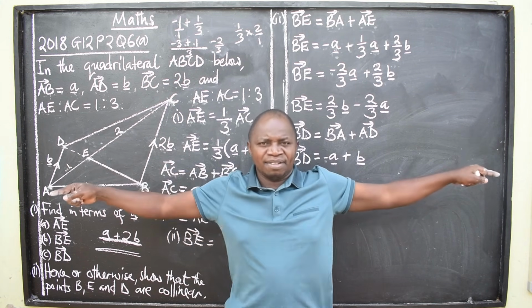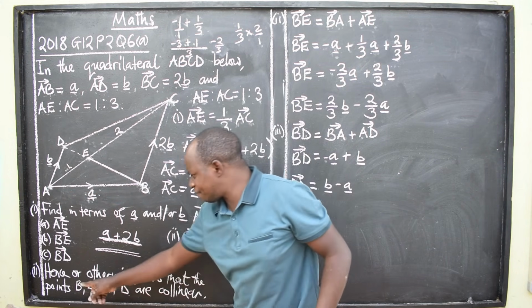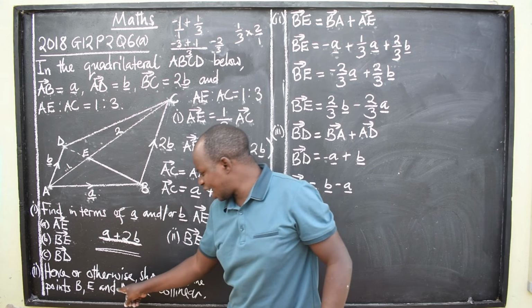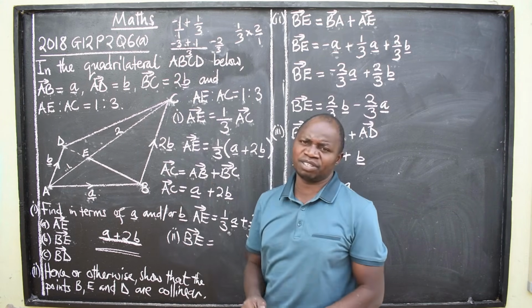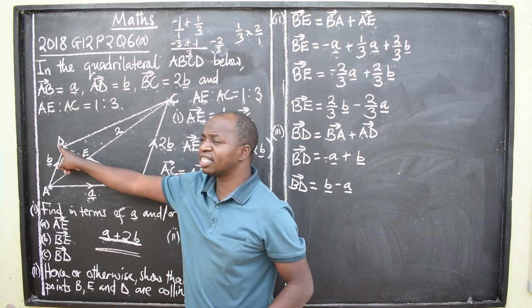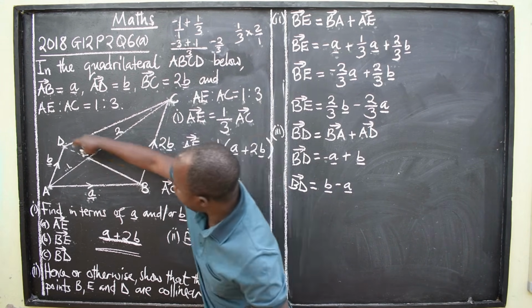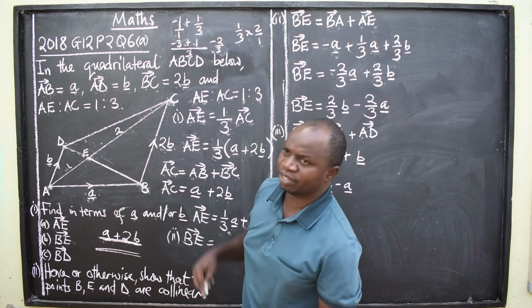That is collinear. Okay? So we want to show if B, E, and D are in the same straight line. Come to the diagram. B, E, and D. We want to show that these 3 points are in the same straight line.